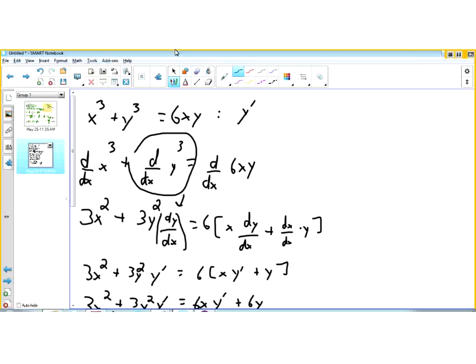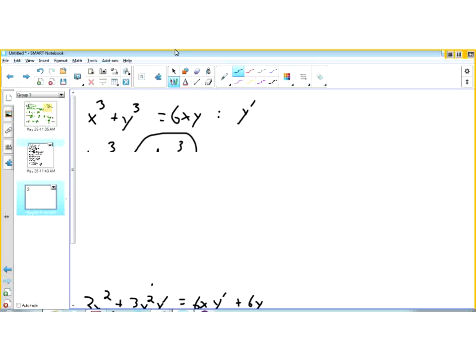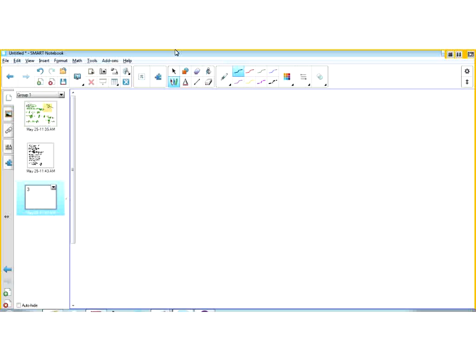But what is the utility of implicit differentiation? Well, it's useful for calculating the derivatives of inverse trig functions. All right, so that is the important part.